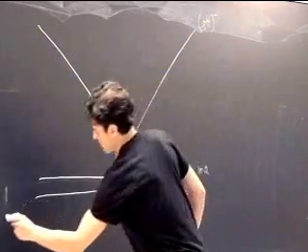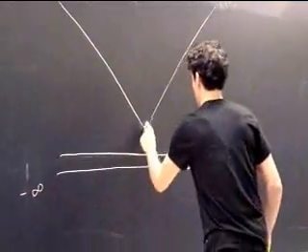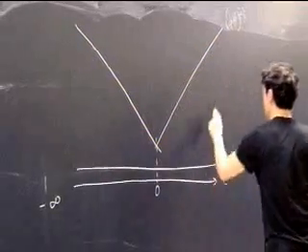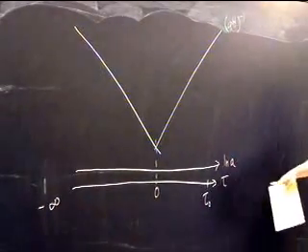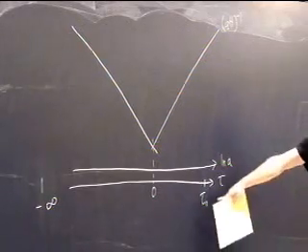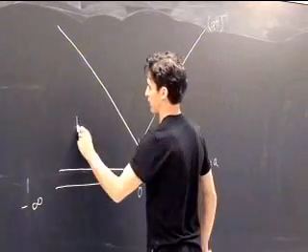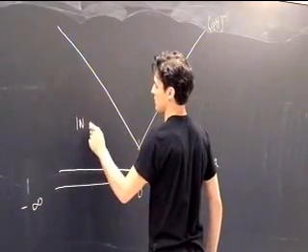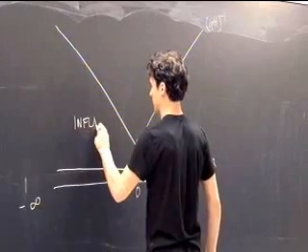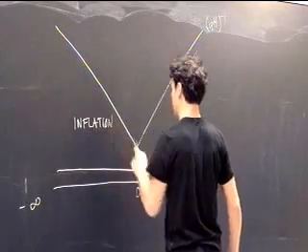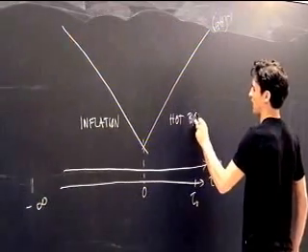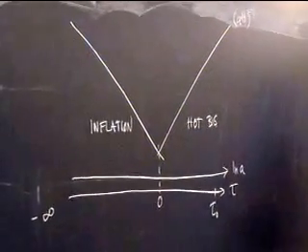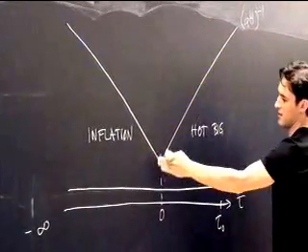If I put minus infinity here, 0 here, and then positive values, and specifically the value today at this end, then we know we have inflation when this co-moving Hubble radius is decreasing. And then we have what I call the hot Big Bang, and by that I just mean conventional FRW expansion after reheating. So reheating is happening around here.